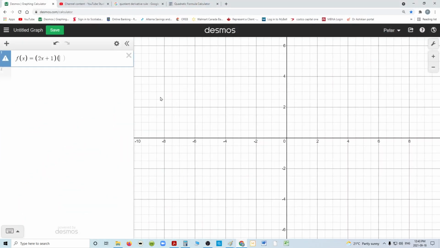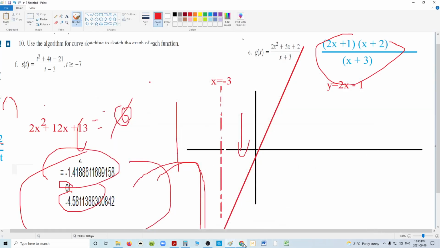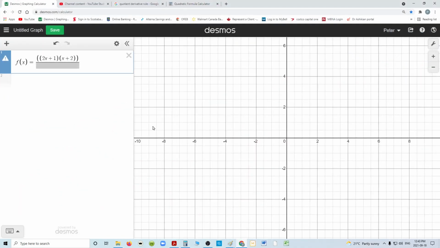And I might have to stop after this. x plus 2. And it's all going to be divided by... This is what happens when you don't do it properly. It's all going to be divided by x plus 3.